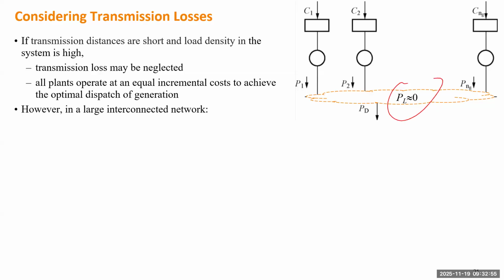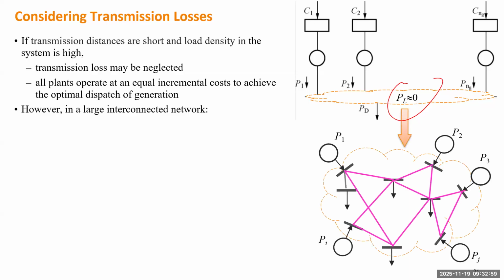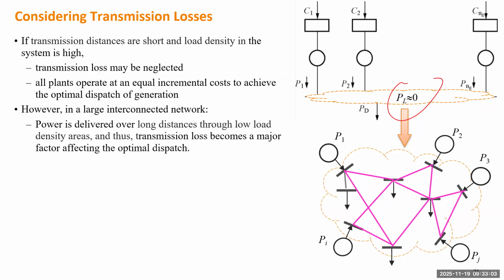However, when we deal with a large interconnected power network, we may have to consider the network topology because power is delivered over long distances, through low load density areas. The load is very distributed in the system.